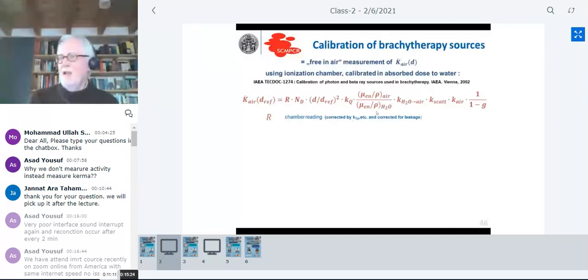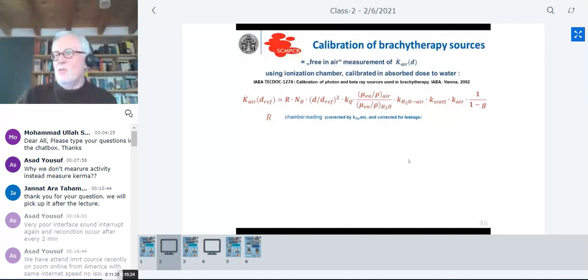It's actually just a rearrangement of the equation that I will be explaining. But you need to know all of these parameters here, and they are all sources of uncertainty. So it's quite a complicated affair, and it's not something that you would want to do in the hospital, because it's simply too much effort to make such a measurement.